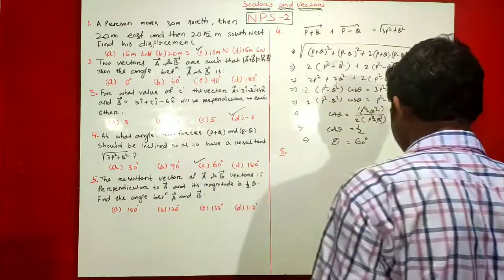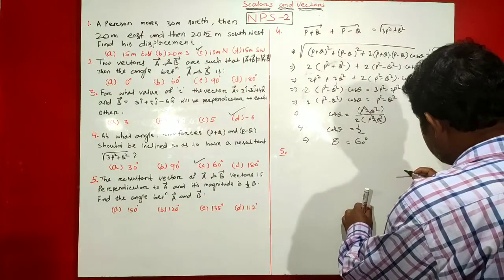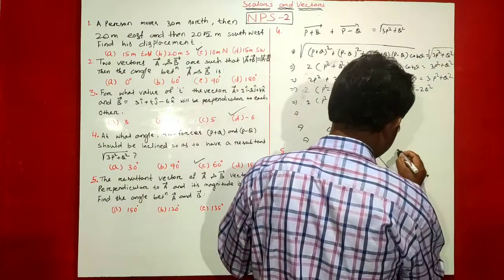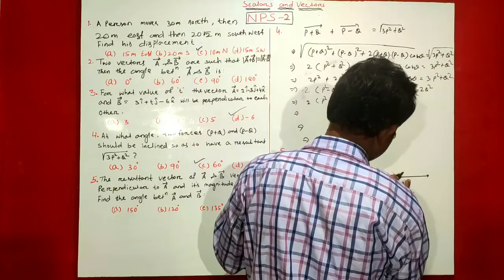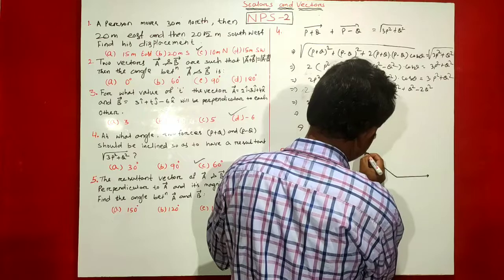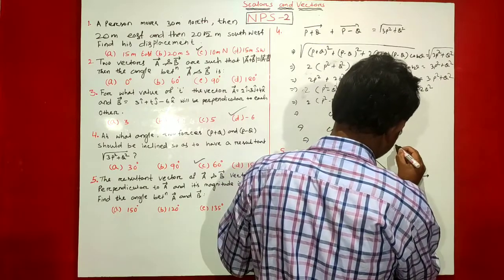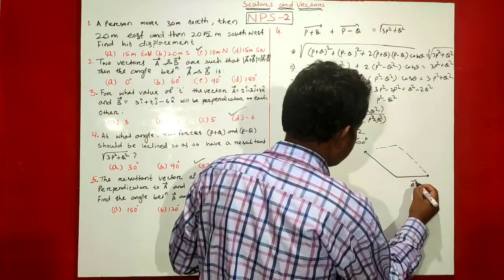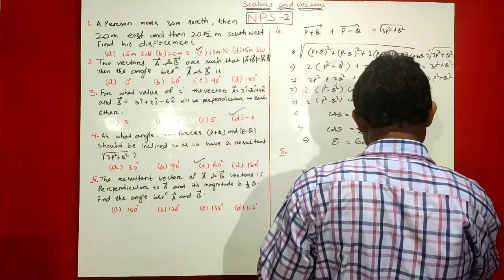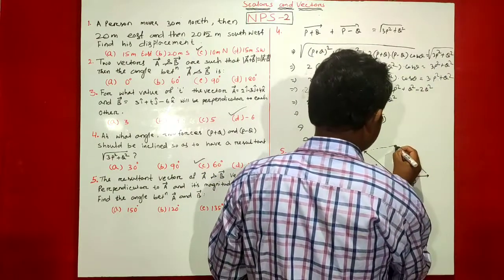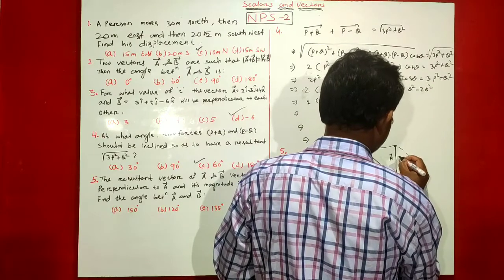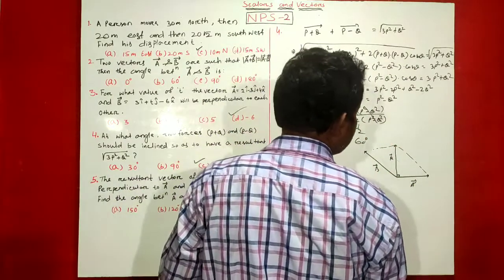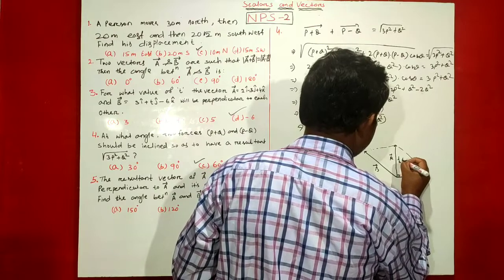This is A vector and this is B vector, and their resultant, that is A plus B or R, will be this diagonal. This is half of B.